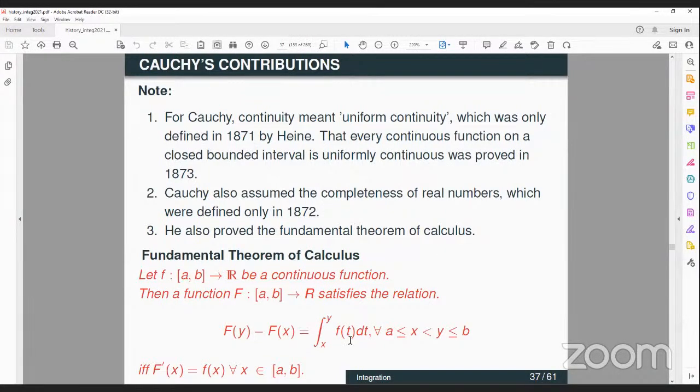And the second part says that if f is continuous, then capital F is the derivative. So there are two parts of this fundamental theorem of calculus, which is the crux of integral calculus as far as computation and applications are concerned.